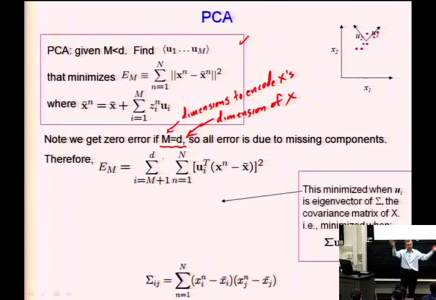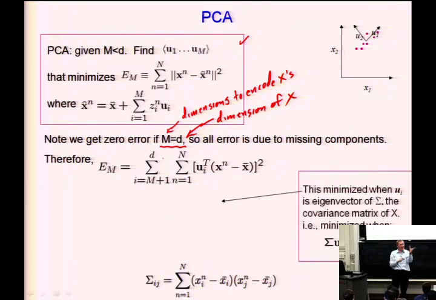So these might be points in 3 dimensions, and I only get to use a plane. So I've got to pick the best plane. And maybe those points are in some kind of blob like this. Then I'd like the plane to be aligned along the direction that the blob spreads out, informally. So the only way I can get error is when I have missing components. And so the expression I can write for the error is just the sum over those missing components.